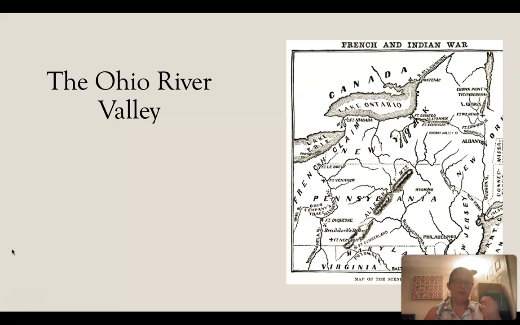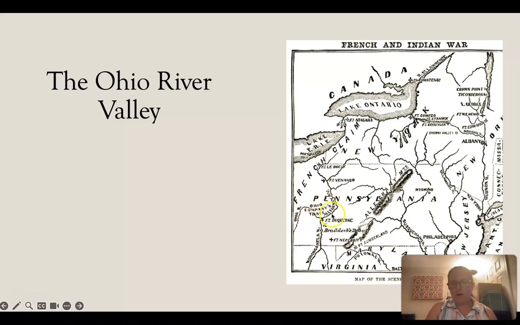This comes to a climax by about 1750. In 1748, a group of prominent Englishmen and Virginian colonists look to this region around the Ohio River, right around this area right here.